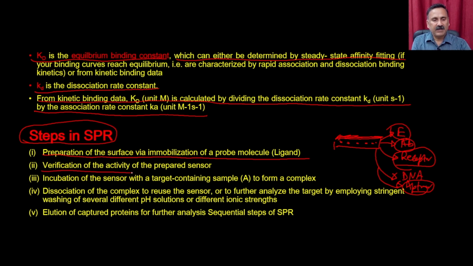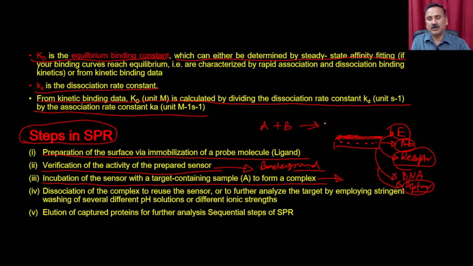Then verification of the activity of the prepared sensor. So you should check the background signal, right? You can see whether it is showing a low background or not. Then incubation of the sensor with a target-containing sample to form the complex. So you do the incubations, and that's how A is going to react with B and form the AB complex, right?